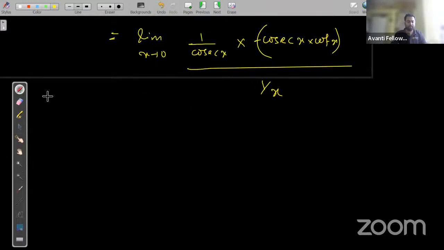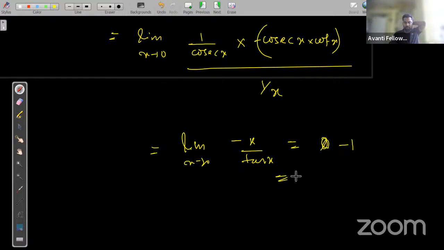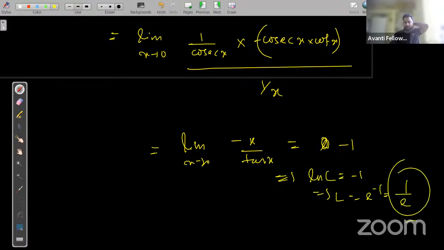So limit x tending to 0 of minus x upon tan x, which is equal to minus 1. So ln L is equal to minus 1, so L is e to the power minus 1, which is equal to 1 upon e. The answer is 1 upon e.